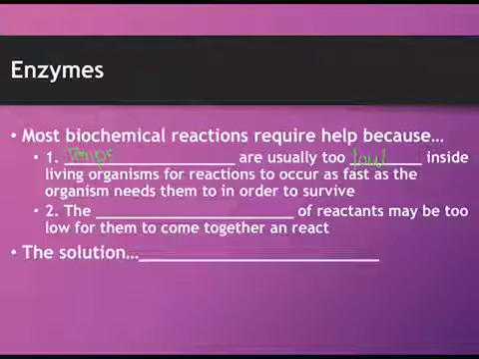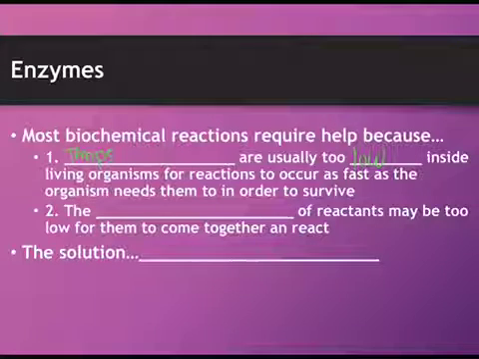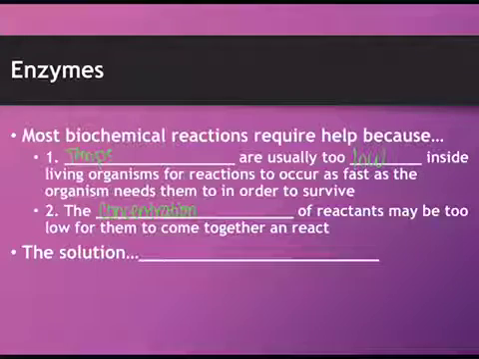So we need these reactions to happen quickly in order to supply these products. And another reason that these biochemical reactions need help is that the concentration, or the amount of reactants, might be too low for them to actually bump into each other in order to react.